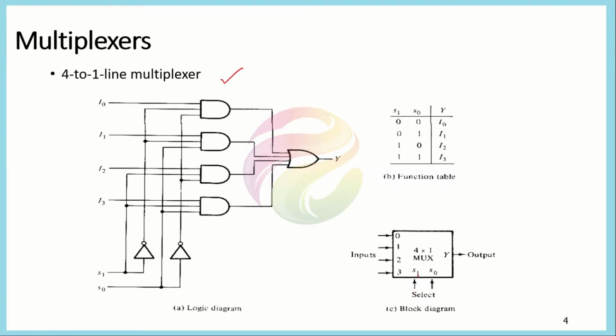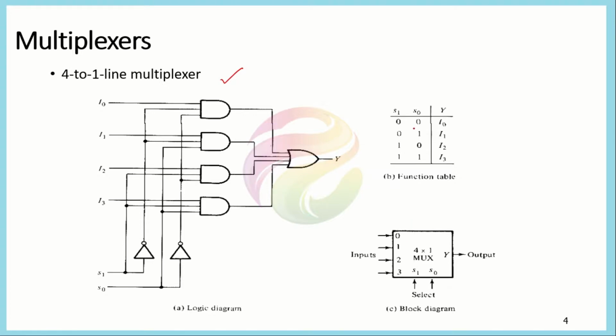Because S0 and S1 are 2 bits, we can form 4 different combinations. If we form a truth table, we can see that there are 4 different combinations, and for each combination only one output is activated. When S1 and S0 both are equal to 0, then Y is equal to I0, the first one.